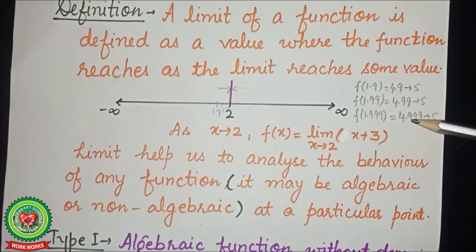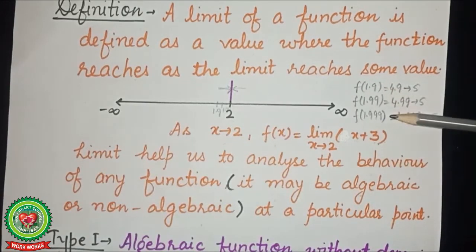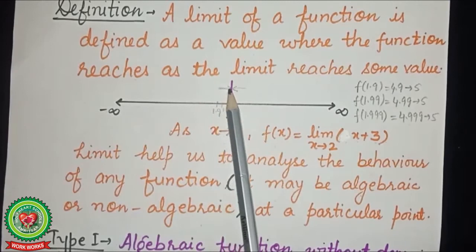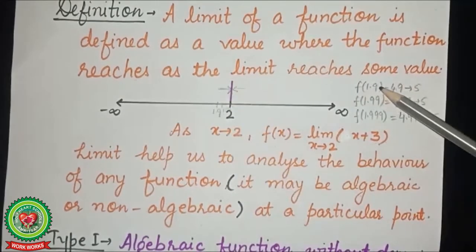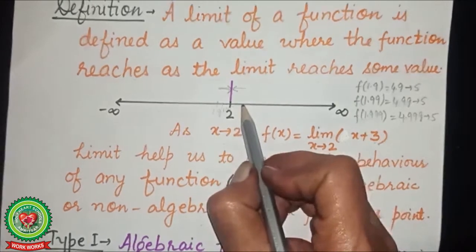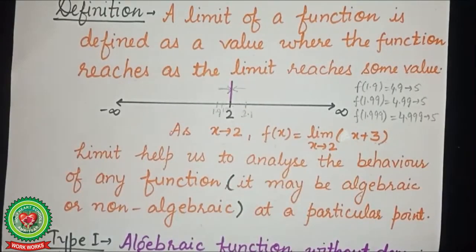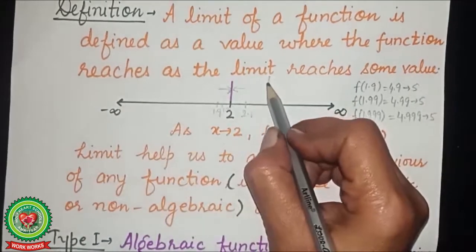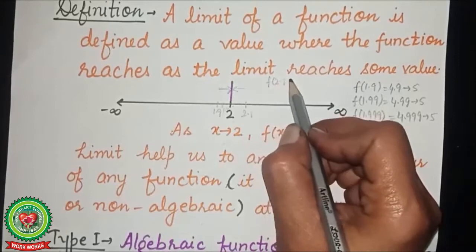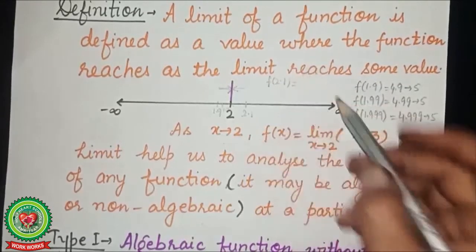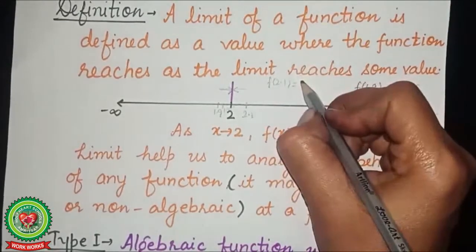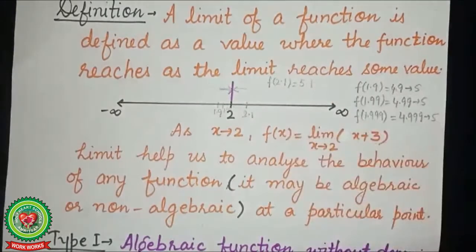In this case, the function is behaving such that as we move closer to 2 from the left hand side, its values approach 5. Similarly, let's take a value from the right hand side, say 2.1. Now again check the behavior. f of 2.1, when you put it here, we get 5.1.